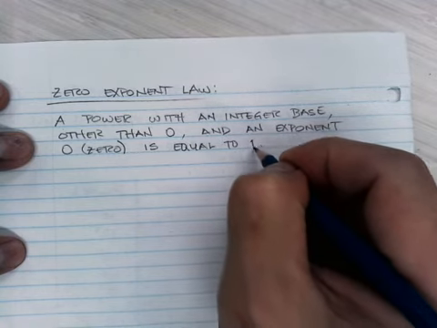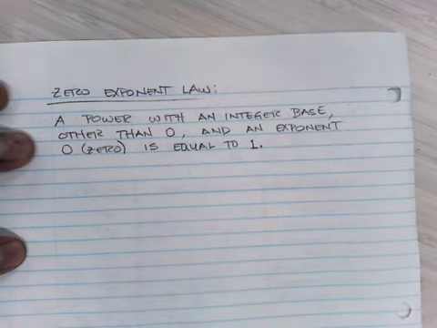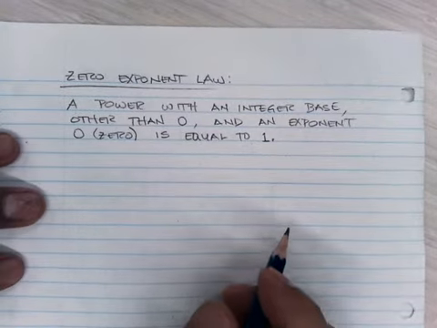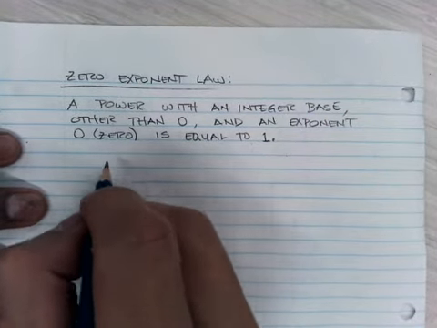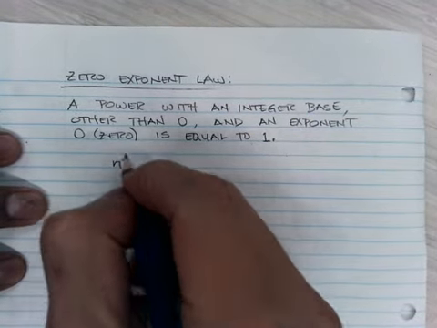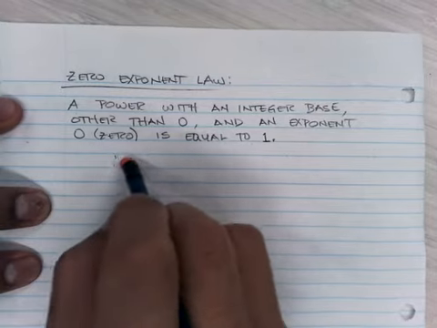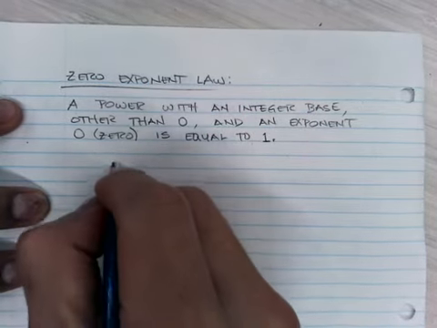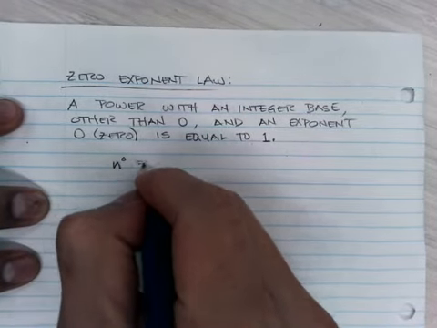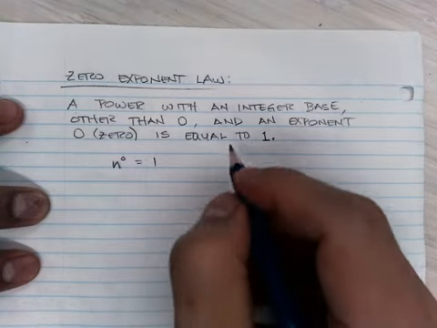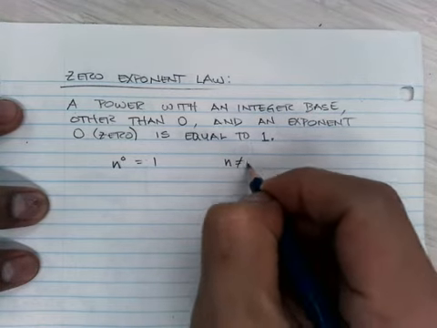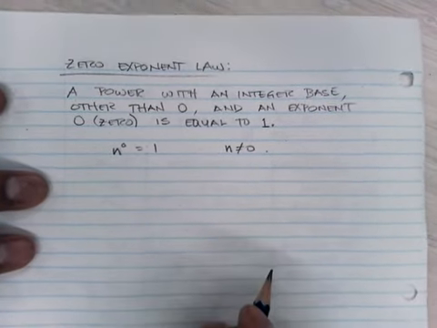And we derived that in those two charts that we just did, okay? But in general, if you have a power, let's say a base n to the exponent 0, that's going to be equal to 1, where n, the base, cannot be equal to 0 itself, okay?